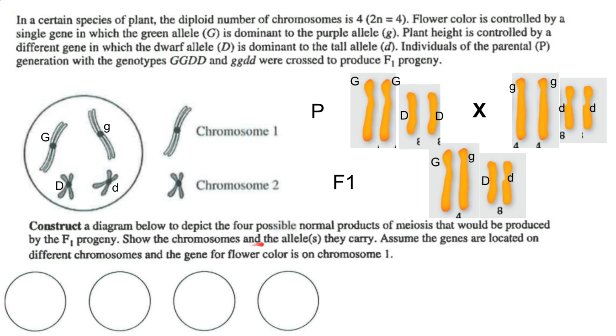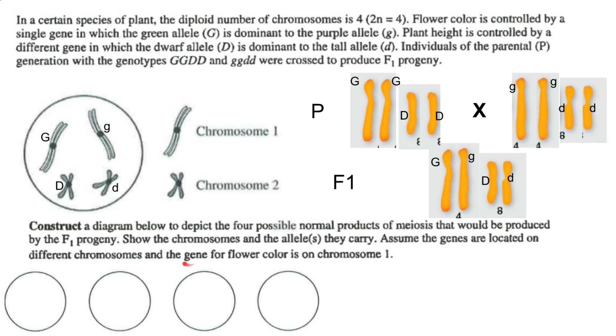It says show the chromosomes and the alleles they carry. And when we talk about the alleles they carry, they're talking about which letters are you going to stick on there. So assume the genes are located on different chromosomes. And again, that's that non-linked part, which is why we're picturing these on separate autosomes, because they're non-linked. We'll get to linked in a second.